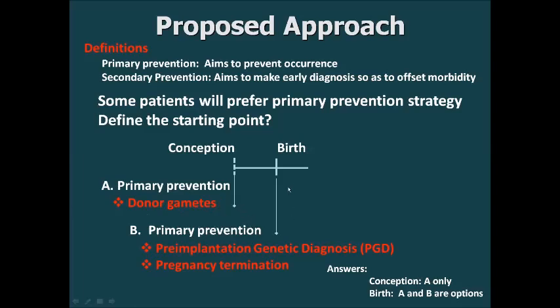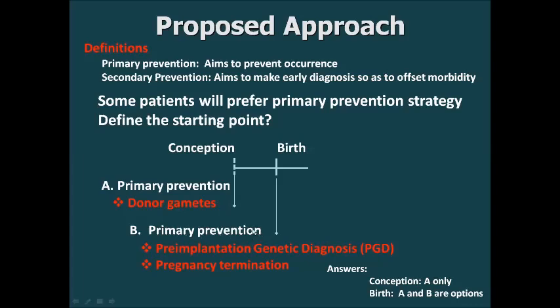In the case where a couple views primary prevention as the prevention of the birth of a child with a specific condition, they have the option not only of donor gametes, but they have the option of pre-implantation genetic diagnosis, where the conception has occurred in the case of assisted reproductive technologies, and now specific blastocysts are tested so that only blastocysts that are not affected would be put back into the uterus to allow an ongoing pregnancy.